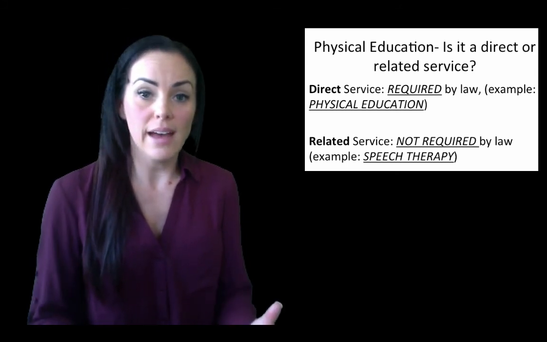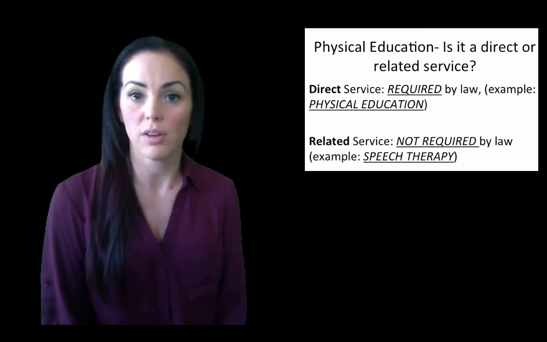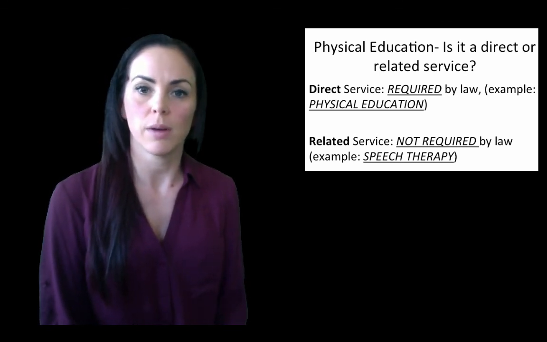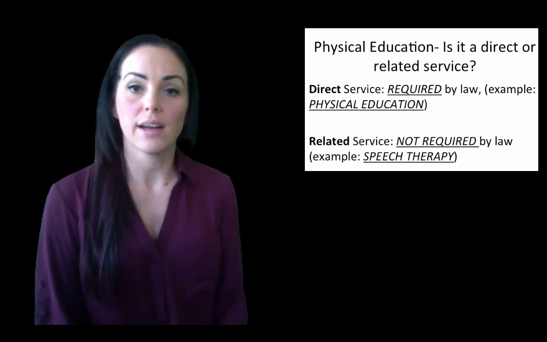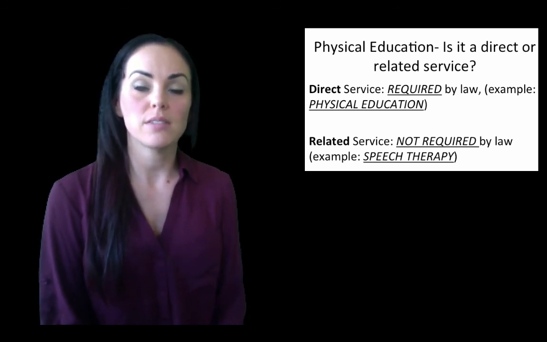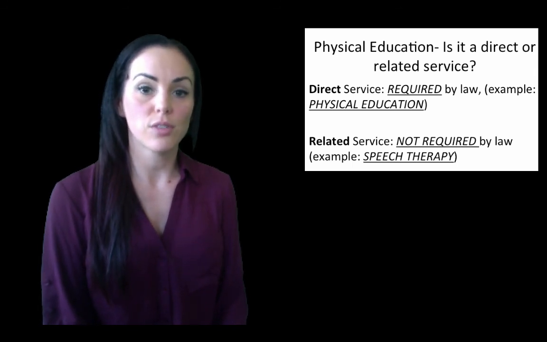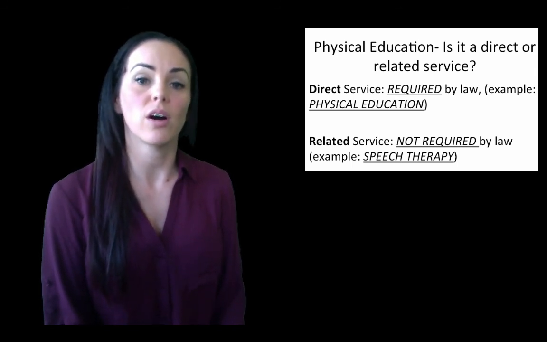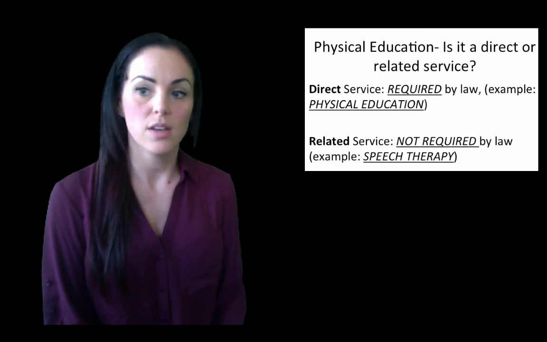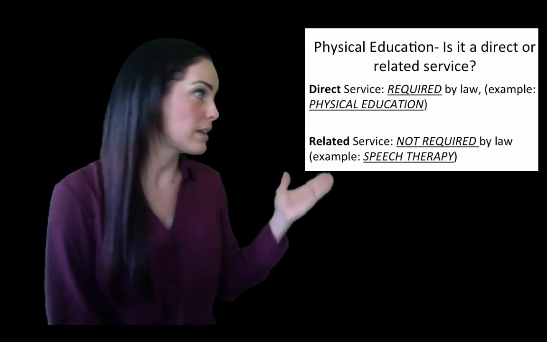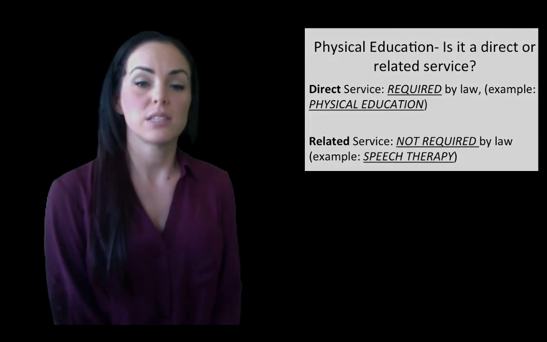So in that case, if I have cerebral palsy, for example, and have a hard time walking or have problems with flexibility, then physical or occupational therapy might be something that I will in fact need. But in this case, physical therapy is going to be what we call a related service. So it's not required by law. And the example that I give you here is speech therapy.